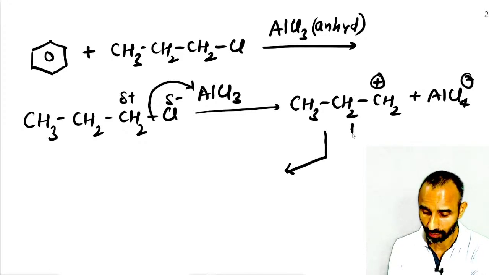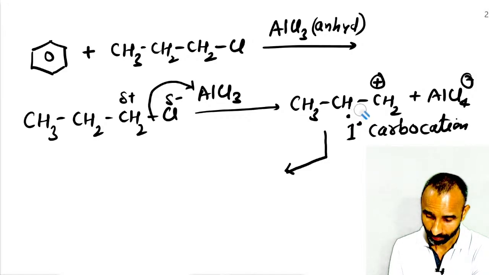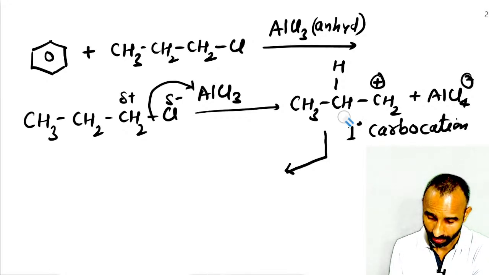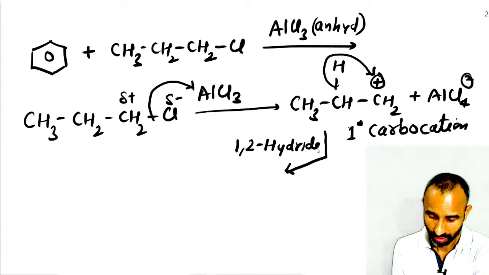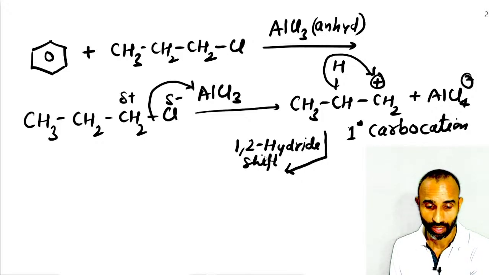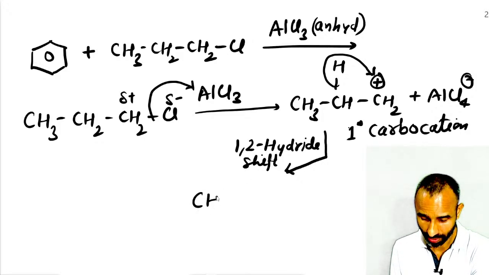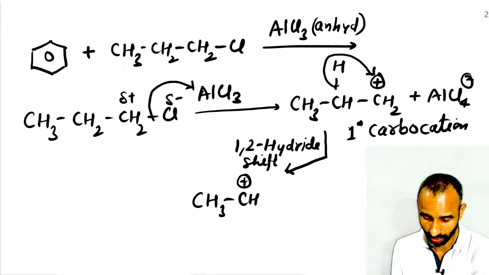So this is a primary carbocation and the neighboring carbon is secondary, so a 1,2 hydride shift takes place, and we get a more stable carbocation.